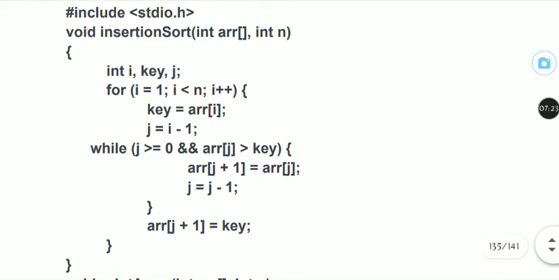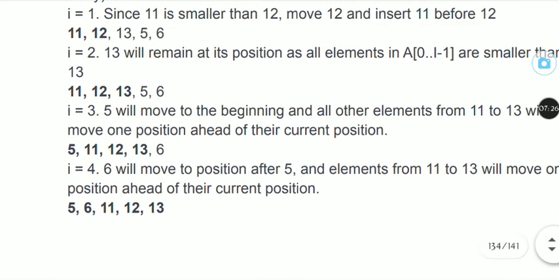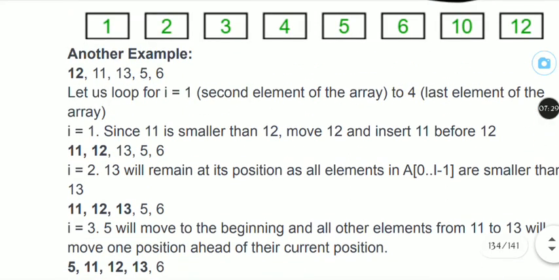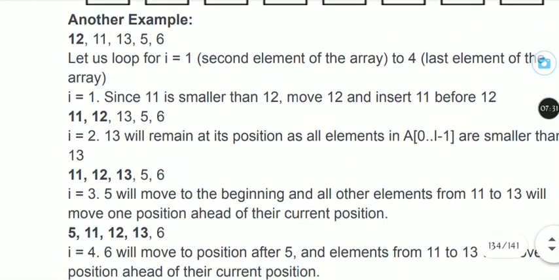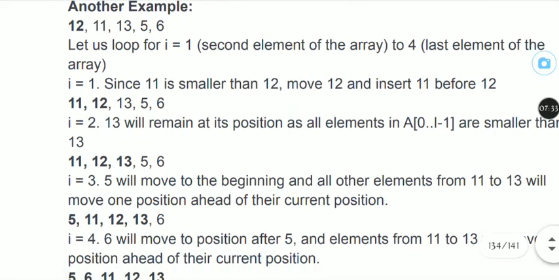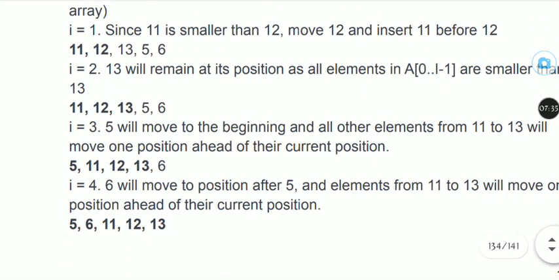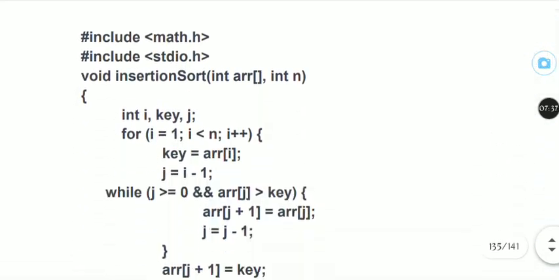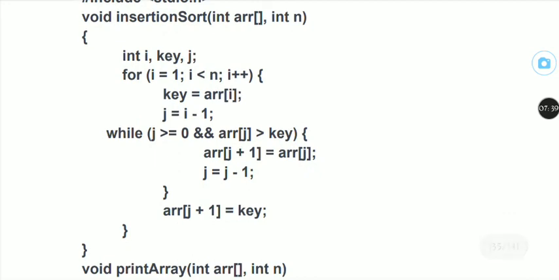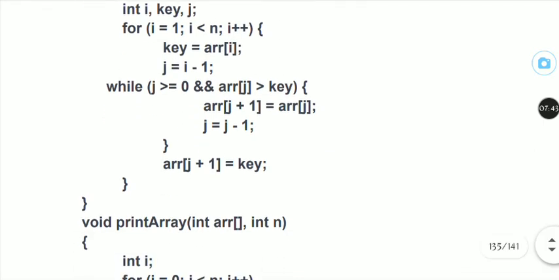Here i indicates the second element of the array to the last element. i will be incremented from the first to the final element. It will compare, and after that it will increment the i value.